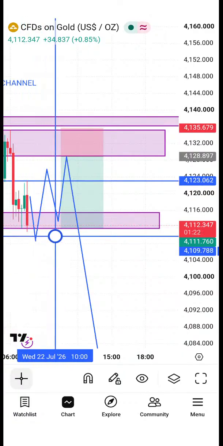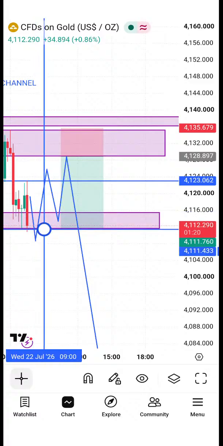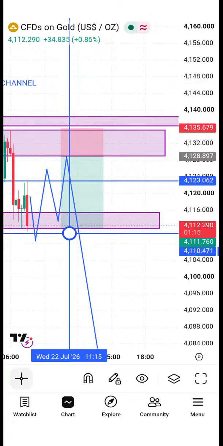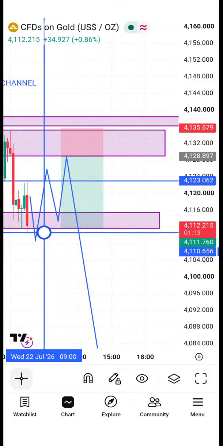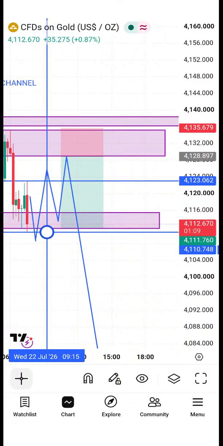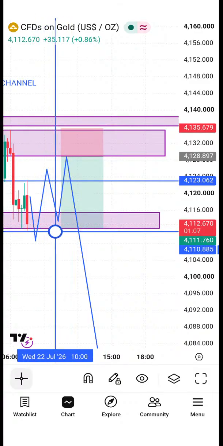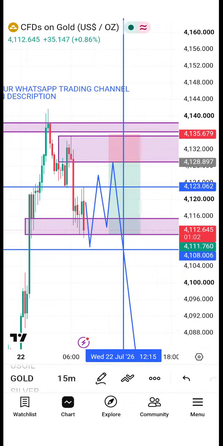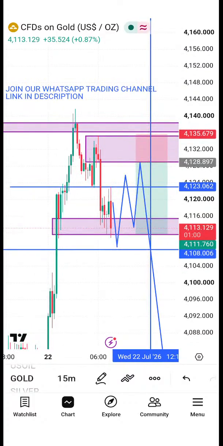And there are those who have already placed sells here, and those who've placed their stop loss here are being taken out. So you see, very important to understand these things in the market.